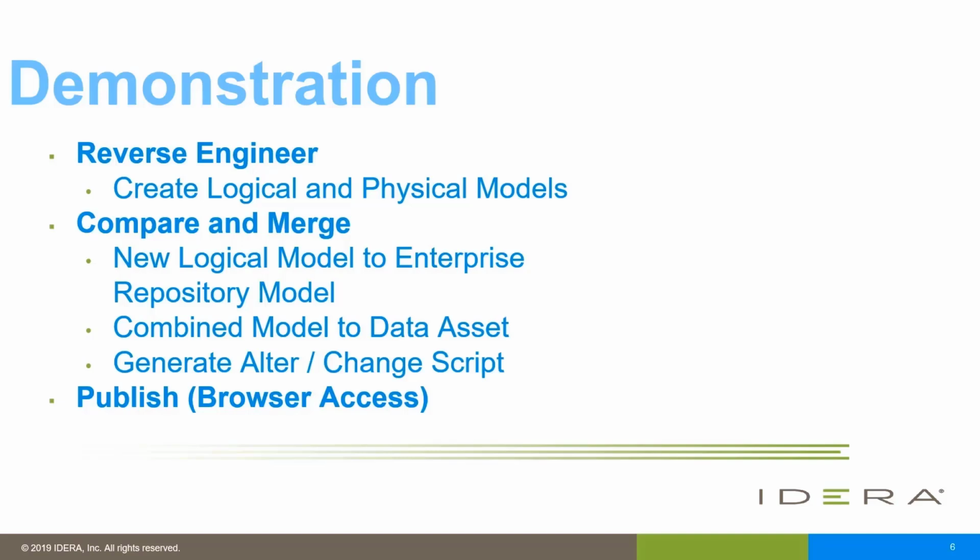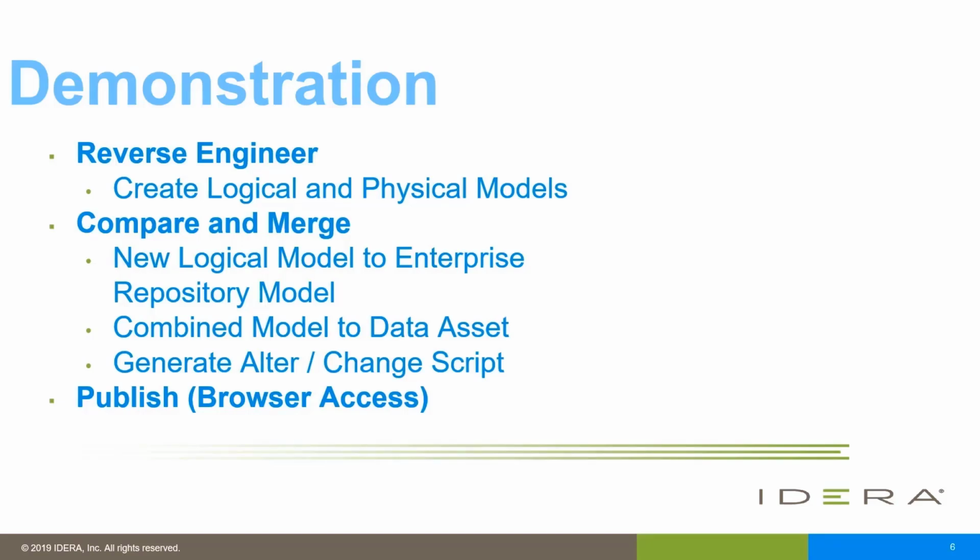We're then going to use compare and merge to actually take objects from an existing logical model, which we could be using as a template model, and that already exists and is stored within our repository. And we're going to use compare and merge to combine several of those objects into the new model we create.